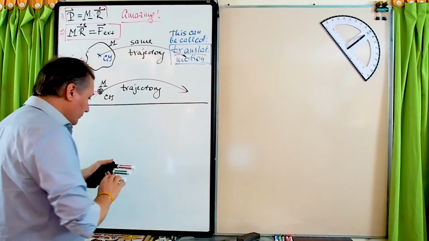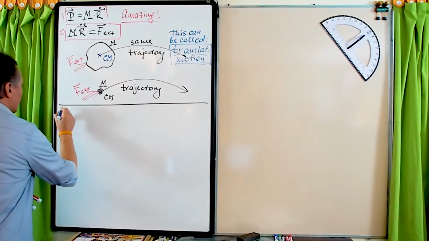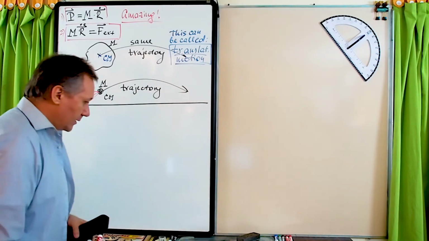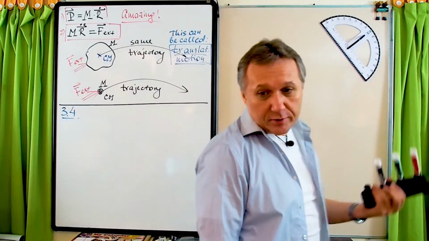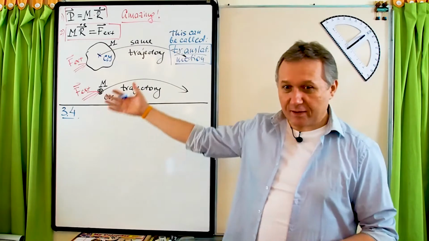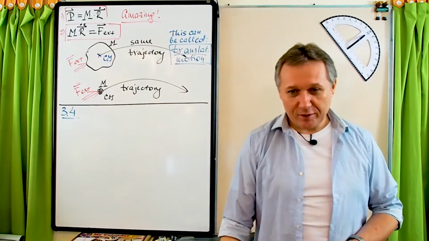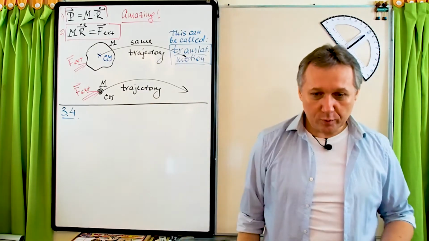So now let me write a new section, it's 3.4, and let's introduce angular momentum, because again, as I said, linear momentum didn't lead us to rotational motion. So let's introduce new tools.